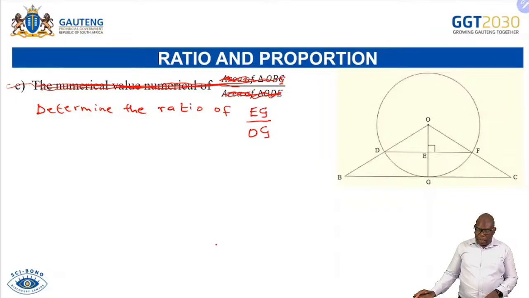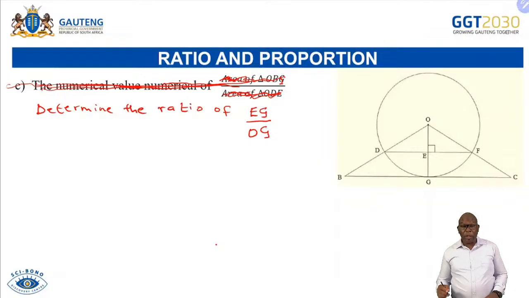Now, that question there, I've removed the numerical value of that, because we still need to calculate some of the sizes, which I did not put in there. So now determine the ratio of EG to OG. So EG, this is 3K, and that is 5K. Right, EG is to 5, so EG and OG.